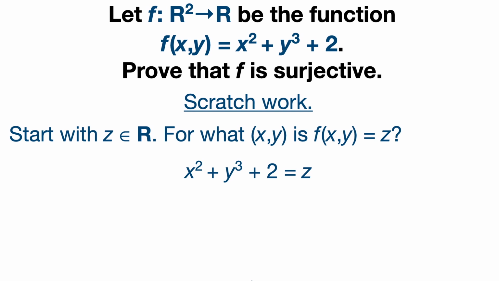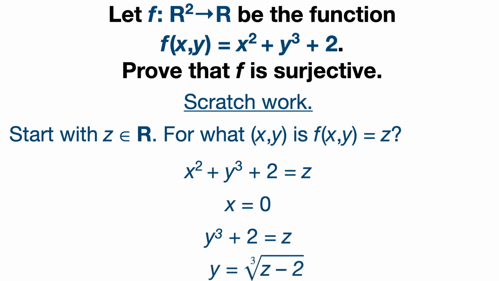If you start playing around with this expression, you'll realize that if we set x equal to 0, then all we must do is find a y where y cubed plus 2 equals z. We can do some basic algebra and conclude that the cube root of z minus 2 will do the trick.